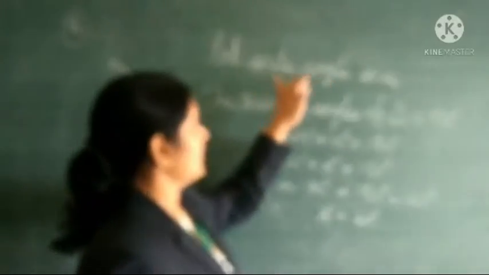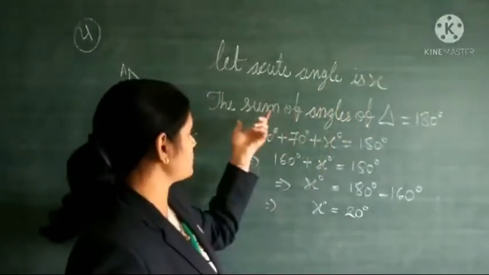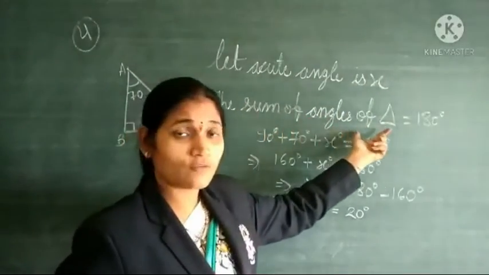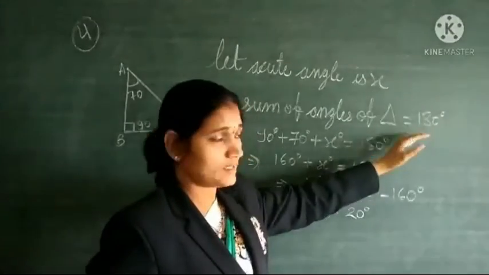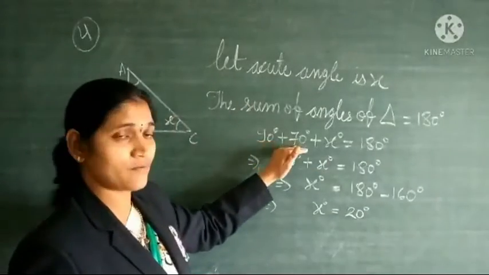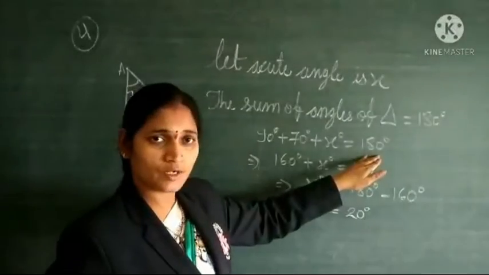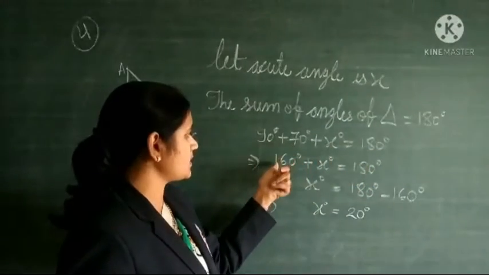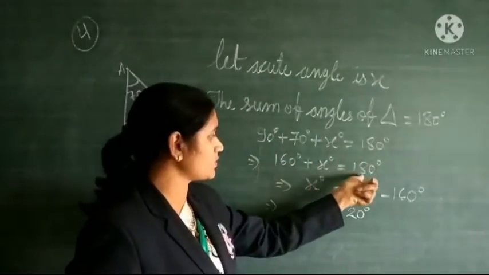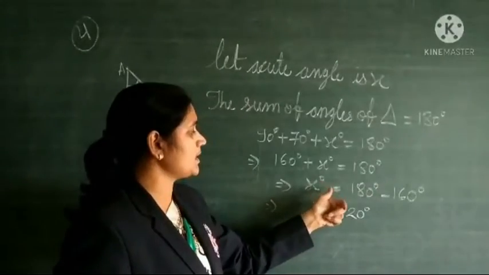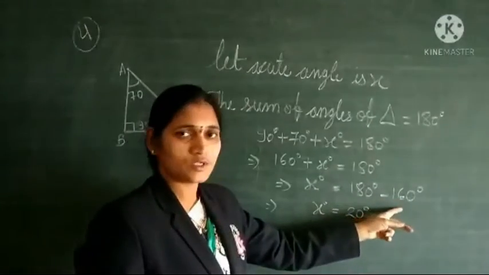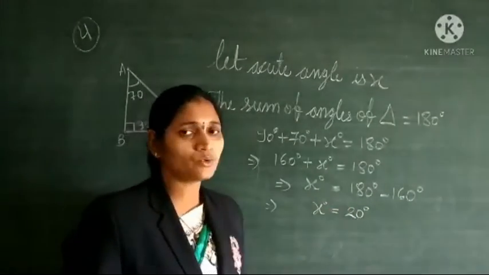So that acute angle is x. As we know the sum of the angles of a triangle is 180 degrees, so 90 plus 70 plus x is equal to 180. 90 plus 70 is 160 degrees, plus x is equal to 180 degrees. So x is equal to 180 minus 160. So x is equal to 20 degrees.